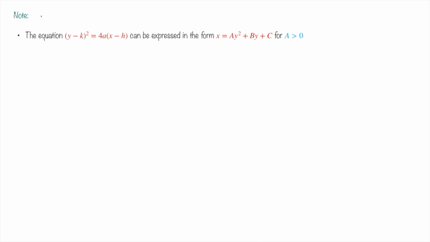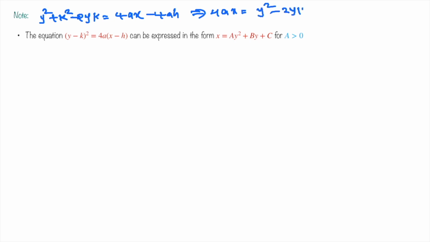If I expand the left-hand side, I will have y square plus k square minus 2yk equal to 4ax minus 4ah. Okay, so then 4ax, I can write y square minus 2yk plus k square plus 4ah.